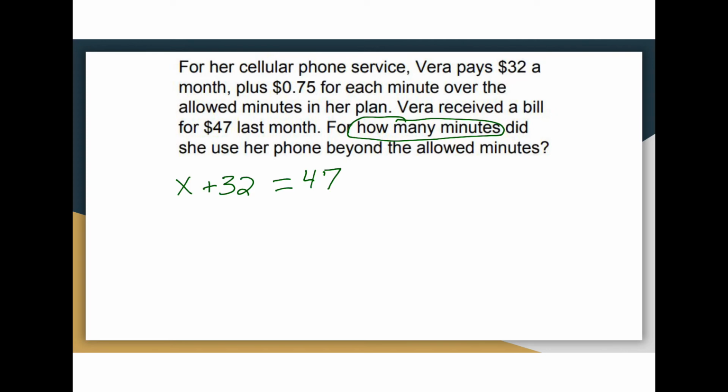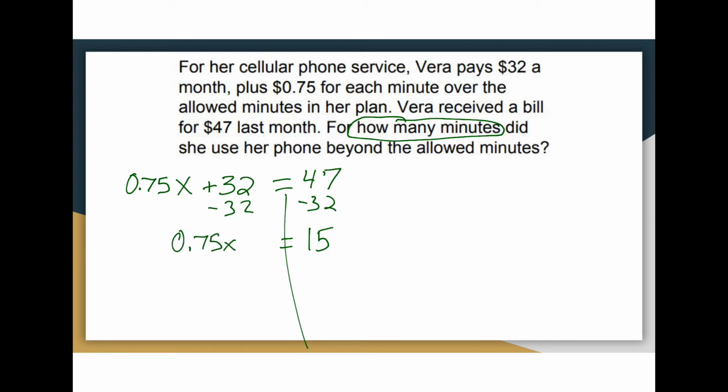And it would be 0.75 for each minute she goes over. So 0.75x plus 32. Once we can set that up, we can then solve. So subtract 32 from both sides. This is going to give me 15, which equals 0.75x.